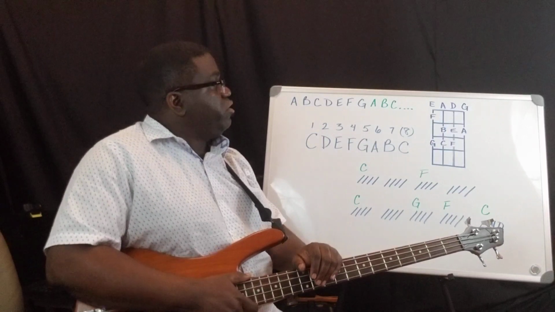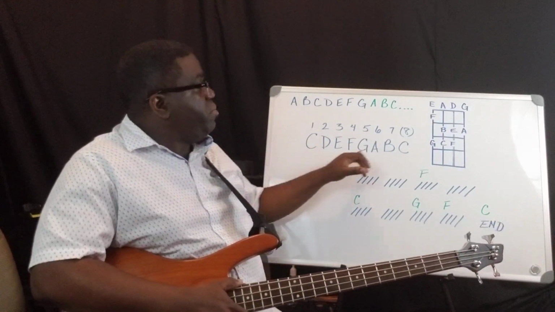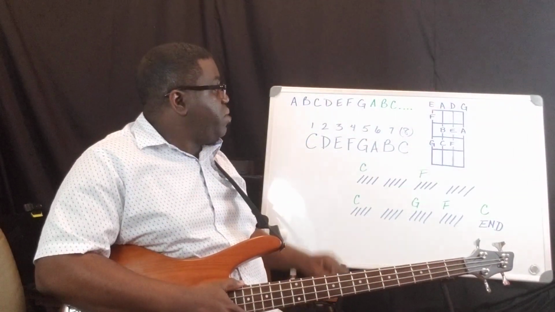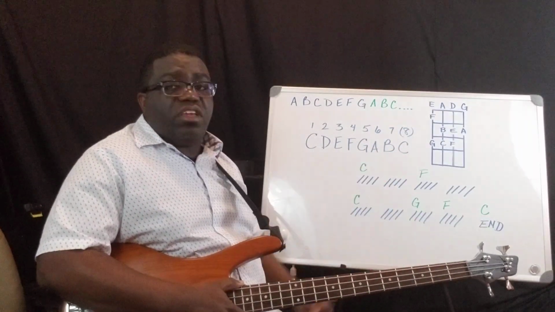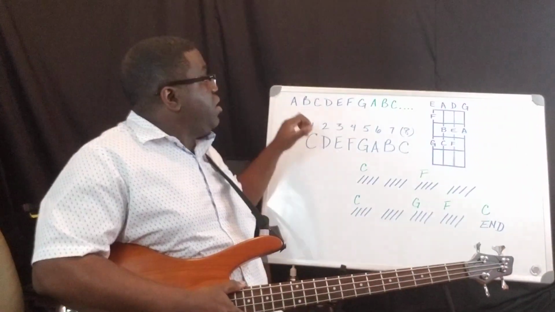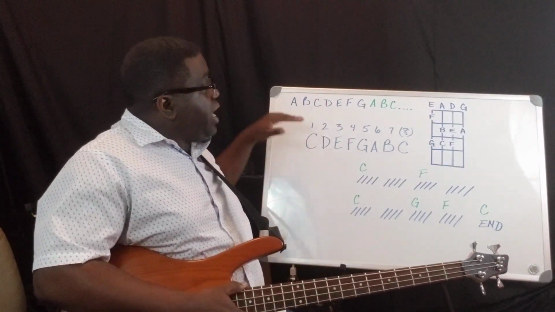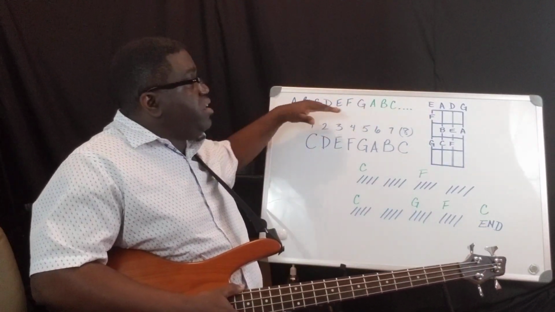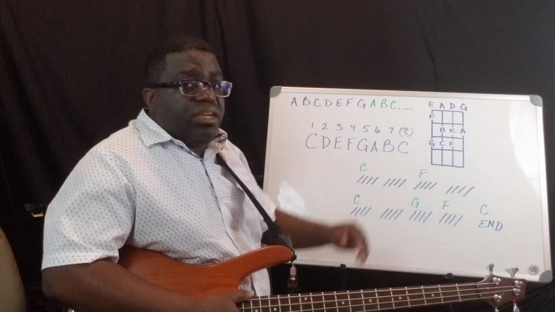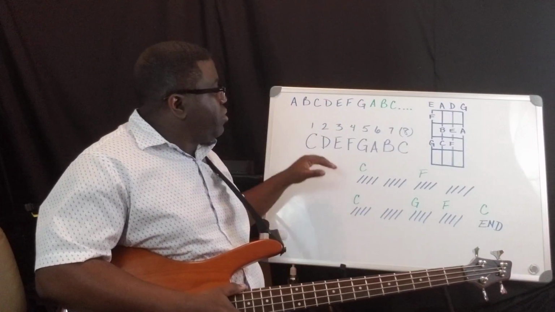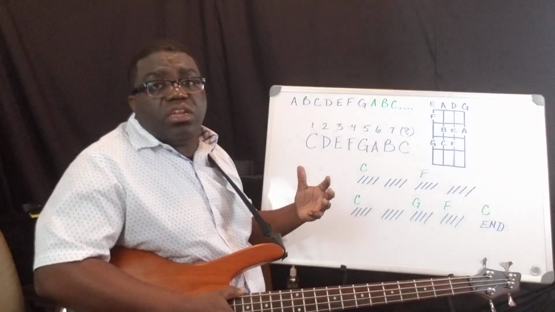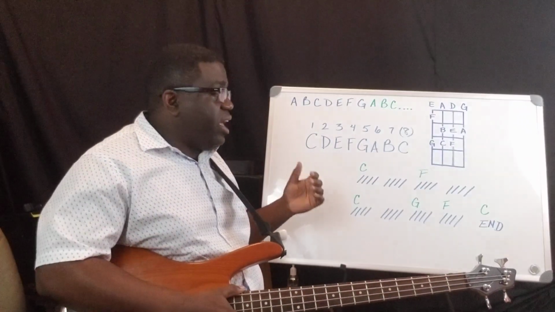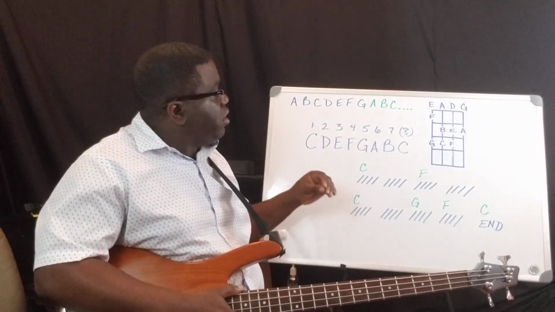The next thing we're going to do is go over what they call a C major scale. All right, the C major scale starts on the letter C and it ends on C. And remember, I talked about the musical alphabet, right? It continues A, B, C, D, E, F, G, A, B, C, D, E, F, G. Since there's 7 notes in the musical alphabet, most scales consist of 7 notes.